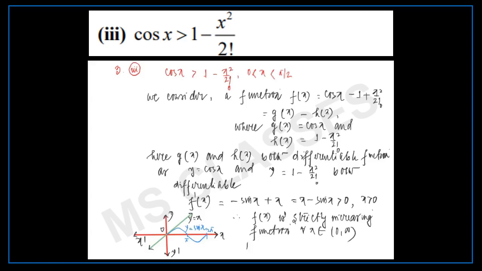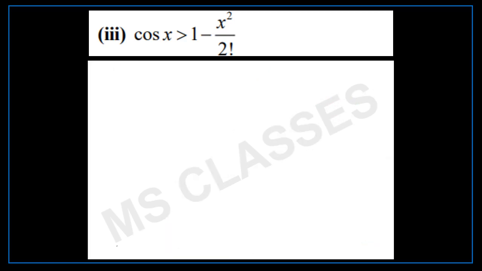Now, f(x) is continuous at x equal to 0, because you can say that f of 0 and the limit as x tends to 0 of f of x give us the same value. Now we can say that f(x) is strictly increasing for all x belongs to 0, infinity.